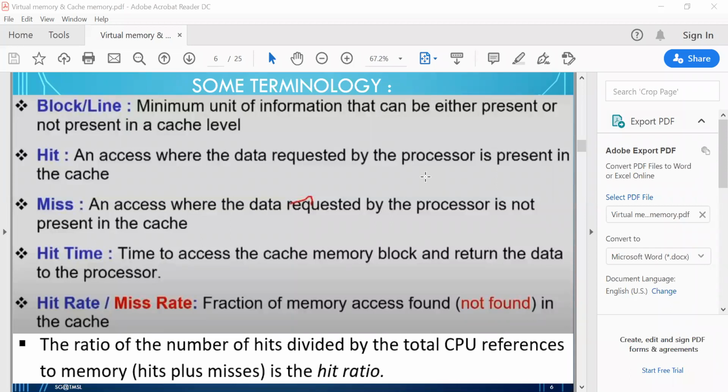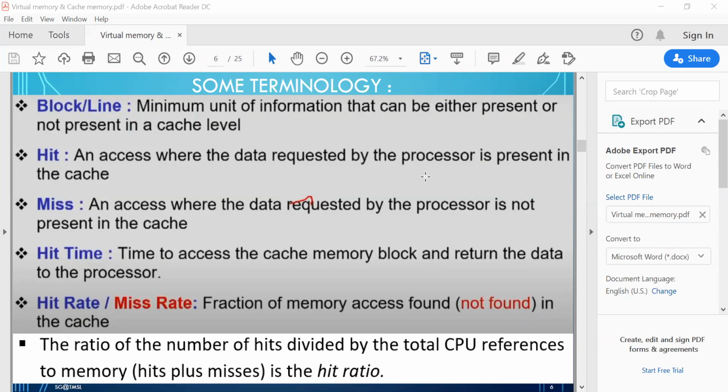And what is the hit rate or miss rate? That means the fraction of memory accesses found in the cache is called the hit rate, or if it is not found, it is called the miss rate. And one more terminology which is very, very important is the hit ratio, and that ratio should be calculated in this way: the ratio of the number of hits divided by the total CPU references to the memory.